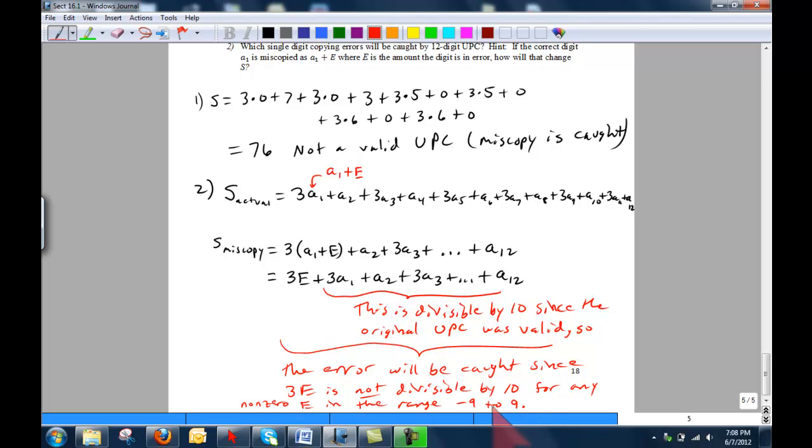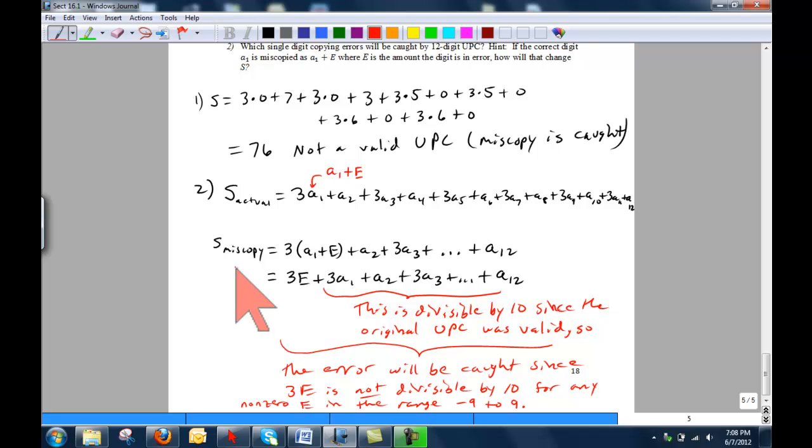Again, E has to be something between -9 and +9, and then 3 times E is not going to be a multiple of 10, and a number that is a multiple of 10 plus a number that's not a multiple of 10 will not be a multiple of 10. The sum for the miscopy will be invalid and the error will be caught.